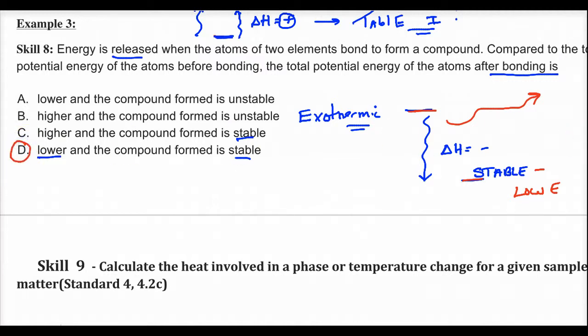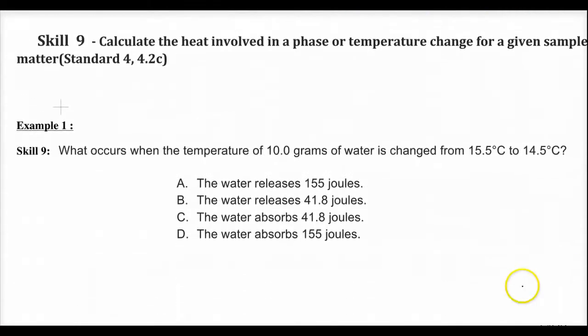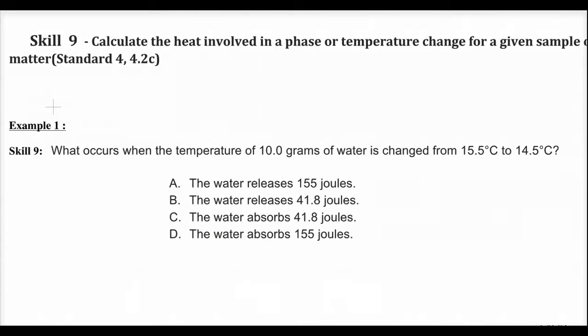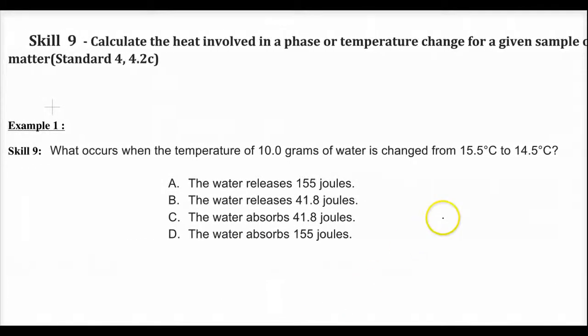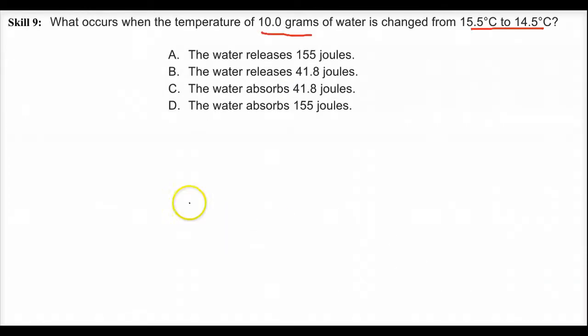Skill number 9, and this is the thing we've been working on the most, is calculate the heat involved in a phase or temperature change. All right, so they're giving me grams, they're giving me a temperature change, and I know specific heat. From Table T, I know Q is equal to mc change in T. So I've got 10.0 grams.